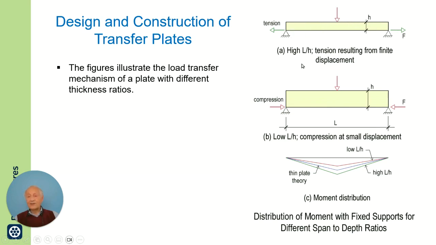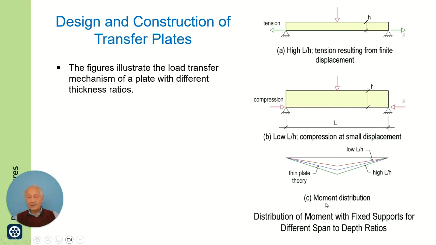The arch effect action would be more for the thick plate, like this. So this results in a bending. This force times its distance to the centroidal axis results in a bending moment. So the deflection and moment distribution will somewhat be impacted depending on the support configuration. By that I mean whether it is restrained or not restrained, and how much arch action will develop.